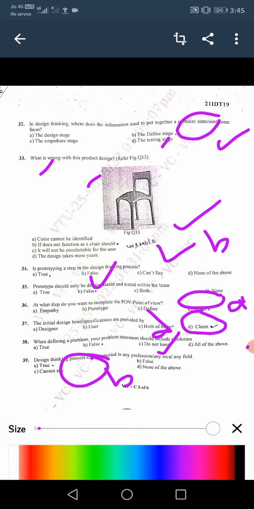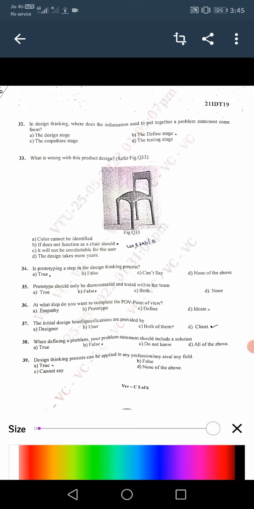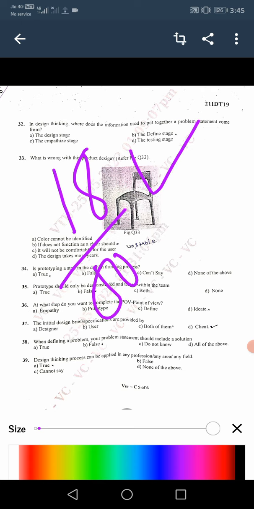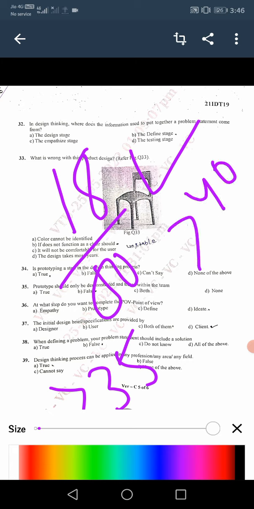All students will get minimum 18 out of 50 and will clear the subject. According to me, more than 90% of the students will get greater than 35, and more than 70% will get greater than 40. So it's very easy; you will easily clear the subject, no problem.